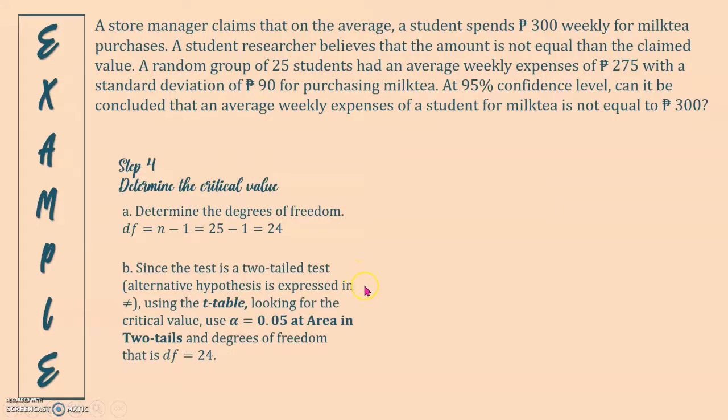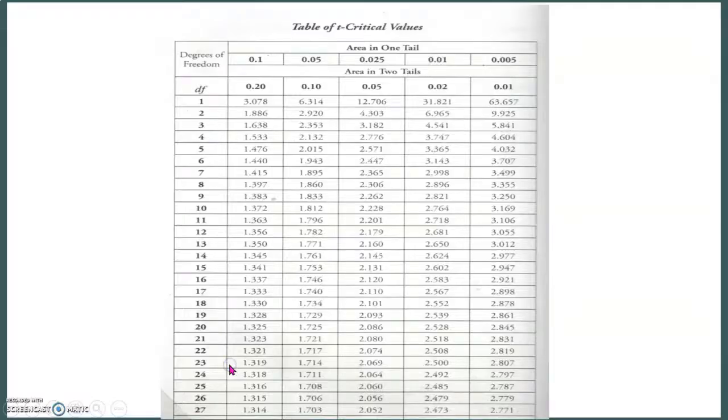And using our t-table, and since our test is a two-tailed test, let's look for the critical value at alpha equals 0.05 in the areas in two tails with the degrees of freedom of 24. So this is the table of t critical values.